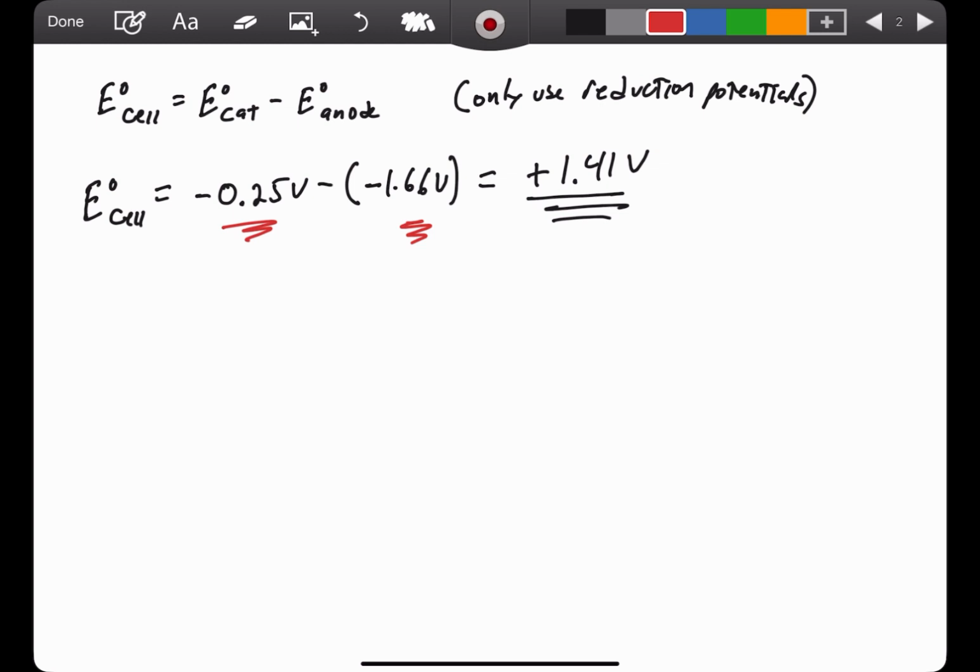And so we never multiply those half cell voltages by whichever value we needed to balance out the reaction. So make sure that you leave those alone. You use them exactly as they're in the table. Using this method, you use only reduction potentials and you don't have to manipulate them at all.